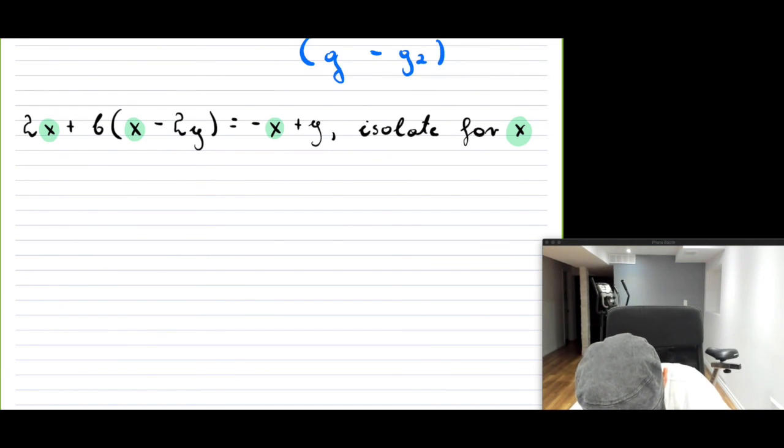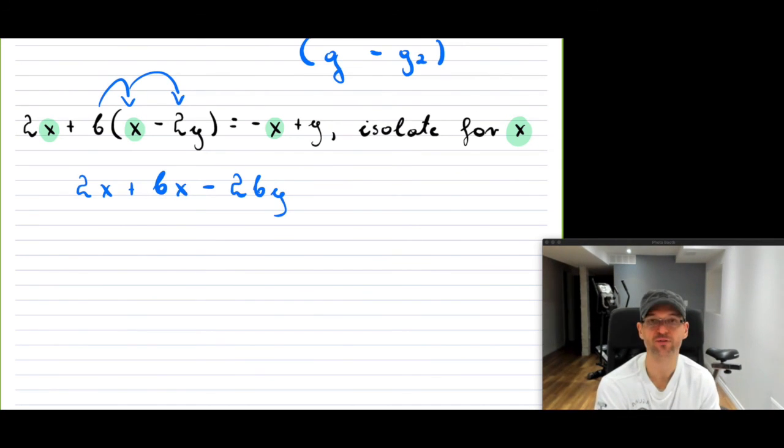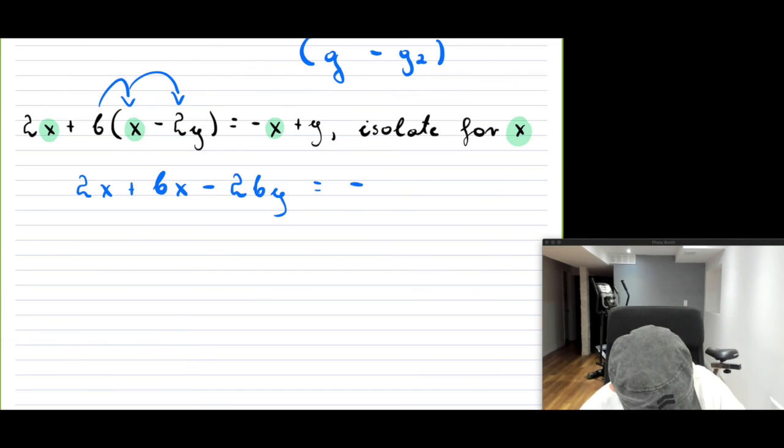So I'm going to get rid of these brackets here. I'm going to just shift this inside. So I'm going to get 2x plus b times x minus 2by. So notice I've expanded the b into the bracket, equals negative x plus y.